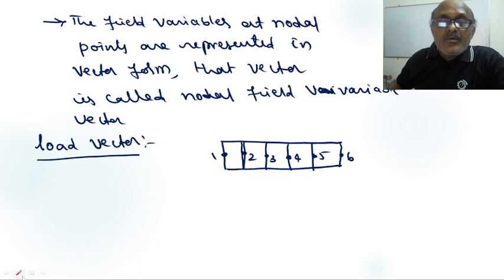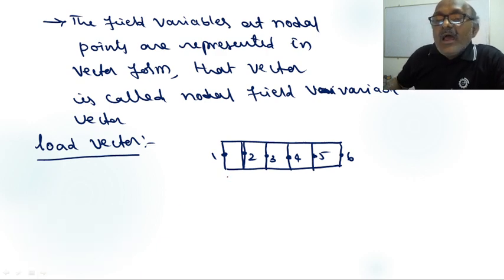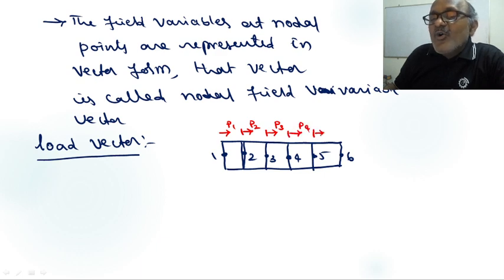I will use a different color for your clarity, my dear students. At node 1, the load acting is P1. At node 2, P2. At node 3, P3. At node 4, P4. At node 5, P5. At node 6, P6.